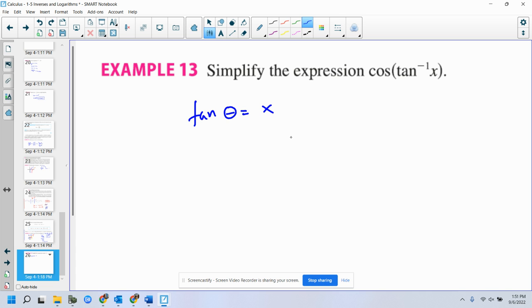So that means I'm going to draw this triangle where tangent of theta is equal to x. So let's put theta here. The tangent is equal to opposite over adjacent. And then I can evaluate this hypotenuse because inverse tangent of x is really theta.